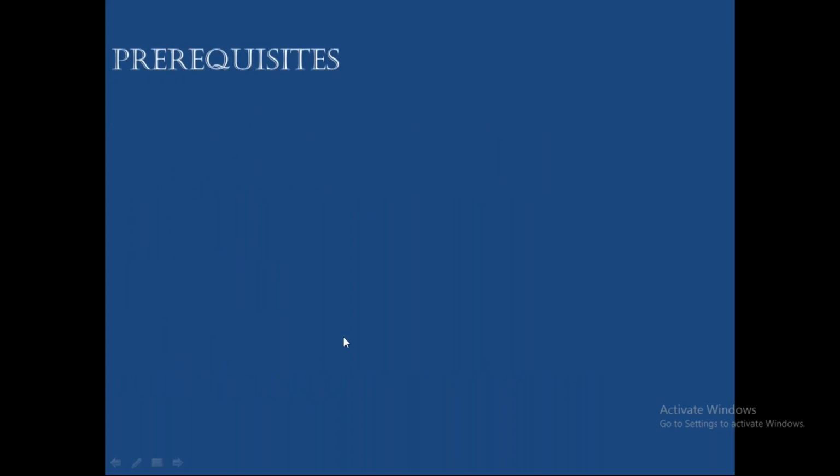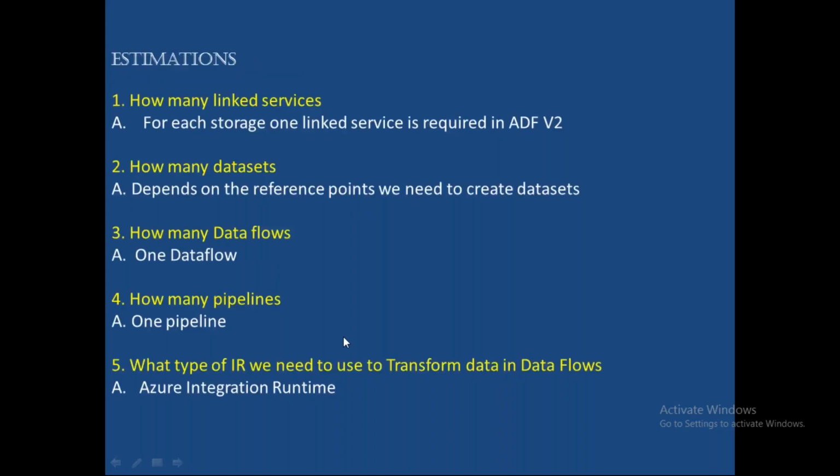Because Azure integration runtime is going to dispatch the job to the Spark cluster. Spark cluster is going to execute your Spark code. Don't confuse Azure integration runtime with Spark cluster. Azure integration runtime is a compute infrastructure within Azure Data Factory. Whatever jobs you are scheduling and configuring in Azure Data Factory, it will try to understand which things Azure integration runtime should execute.